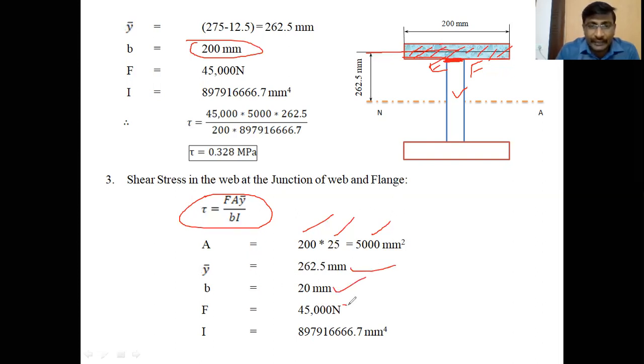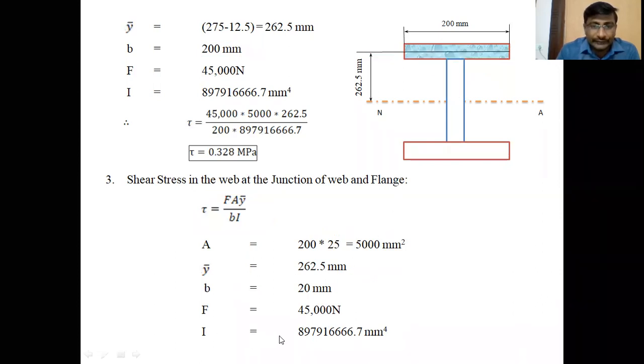F is the same value, 45,000 newtons, and I is the same value, 8979,166,666.7. So all are the same values as the previous case, except the breadth. The breadth suddenly decreases from 200 to 20 mm when we calculate the shear stress in the web.